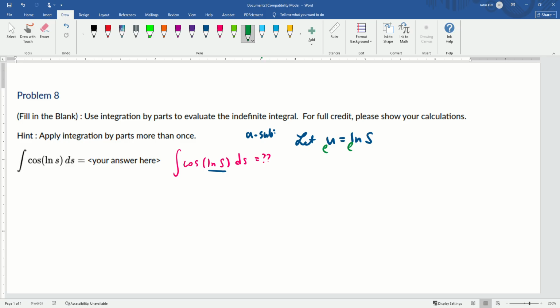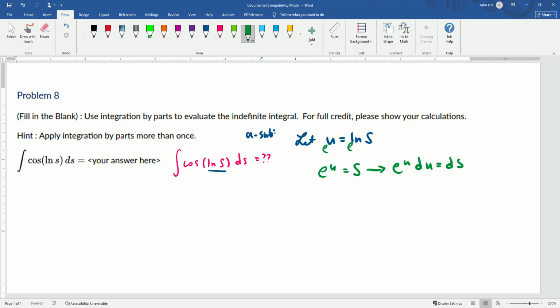So e to the u is equal to s. Then we take the derivative of that. The derivative of e to the u is e to the u du. That should equal the derivative of s, which is ds.